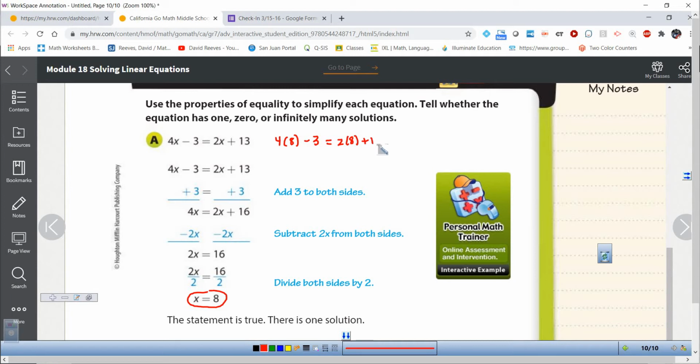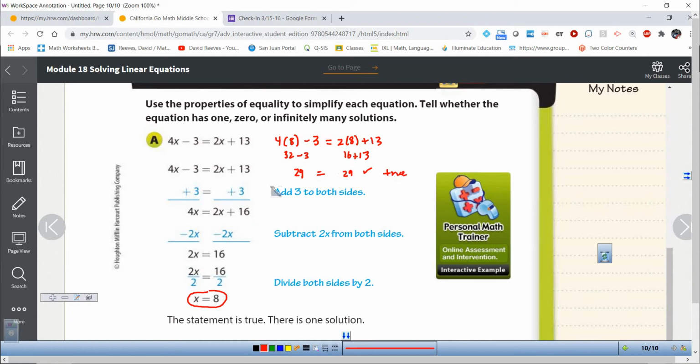That's what a true equation is, when the left side is equal to the right side. Well, 4 times 8 is 32, and 32 minus 3 is 29. It works. 2 times 8 is 16, and 16 plus 13 is 29.